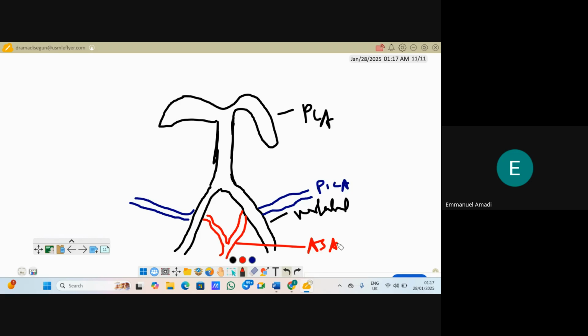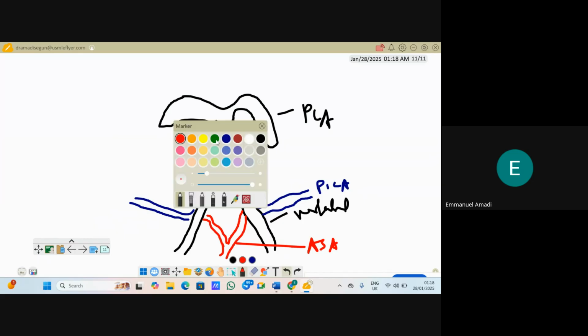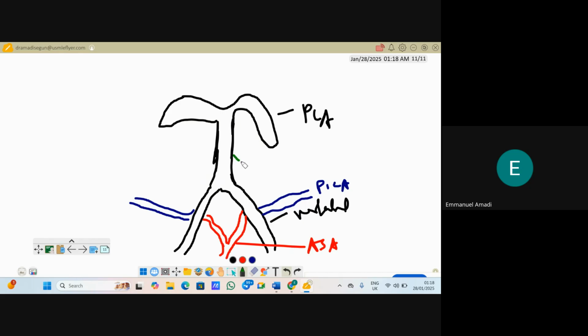I know I'm taking my time to draw all these things. Now, when you look above here, you have this other artery that comes from the basilar. This one is what we call the AICA, anterior inferior cerebellar artery. You have to follow me on this.